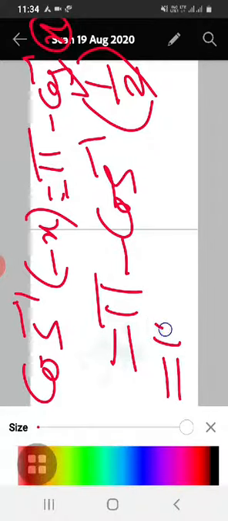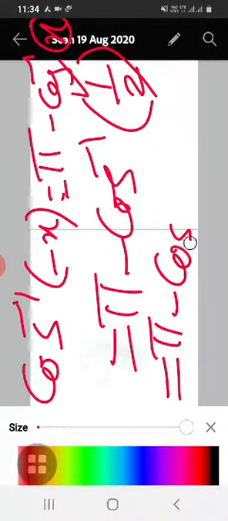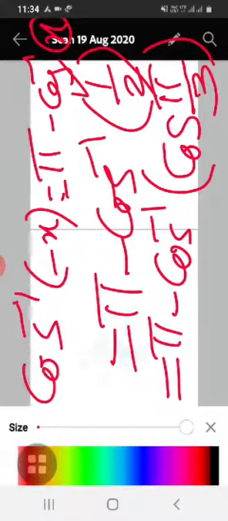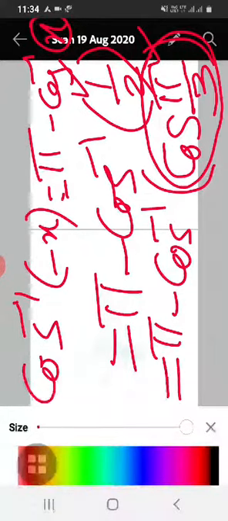So that is pi minus cos inverse of half. Cos of which value gives me half? Cos pi by 3, that is cos 60 degree. I hope you got the point. That's why I should write cos pi by 3.